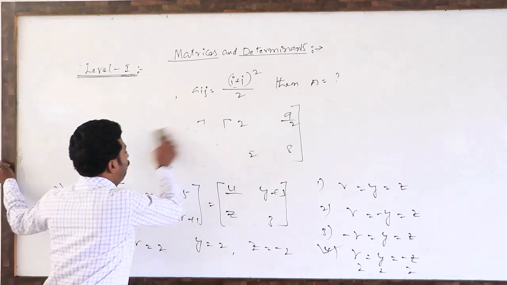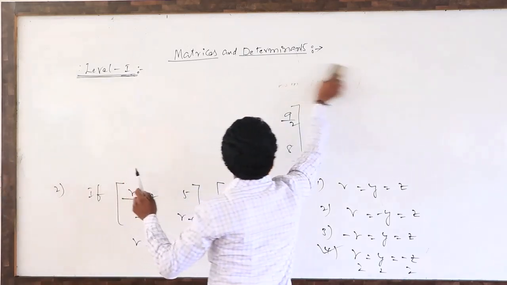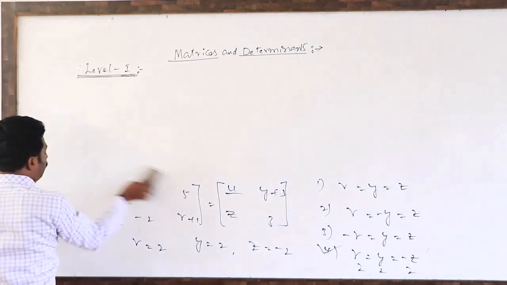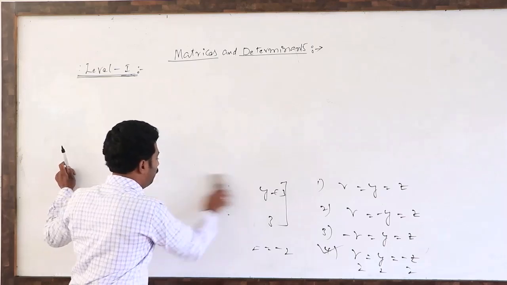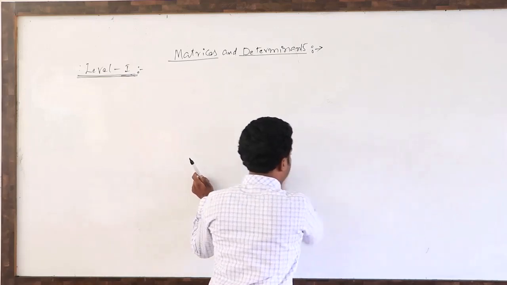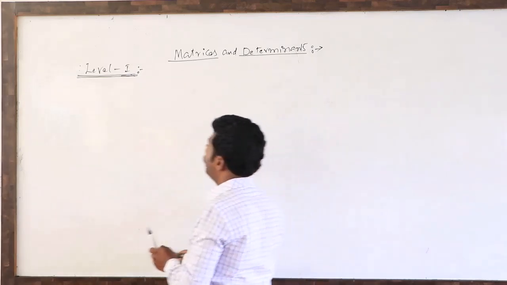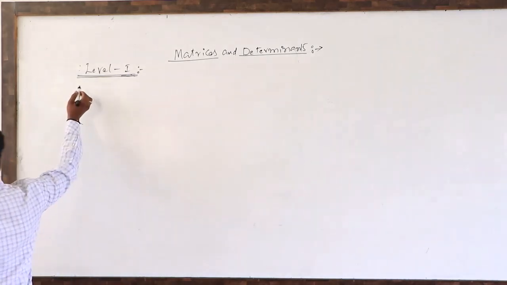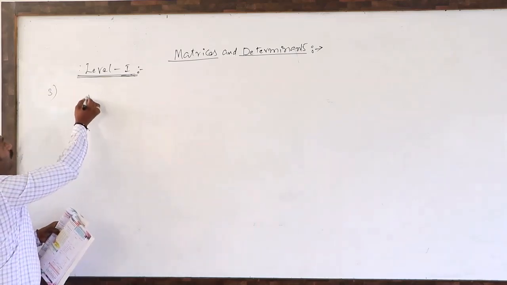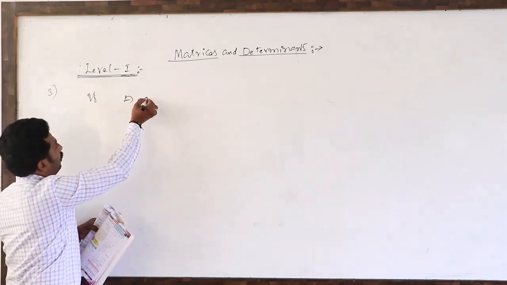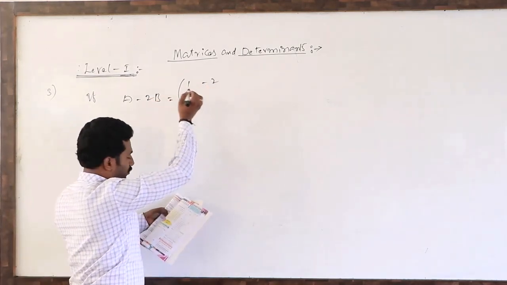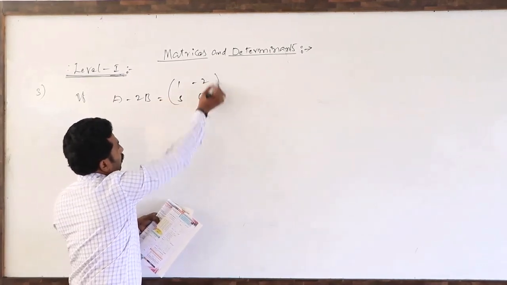Question number 3. A minus 2B equal to one matrix they gave, that is 1, minus 2, 3, 0.